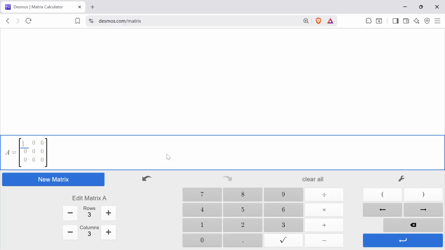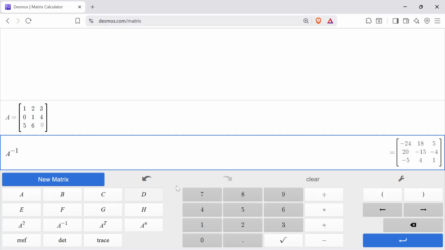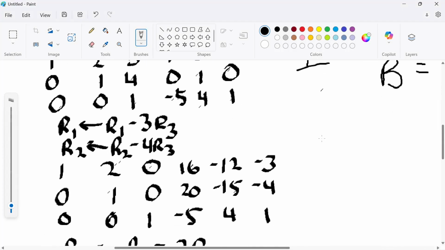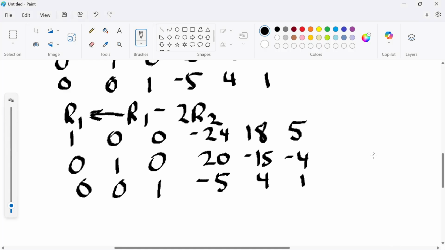On the test you can't, while doing homework you can. Then I want to do inverse A, and it's negative 24, 18, 5, 20, negative 15, negative 4, negative 5, 4, 1. So I indeed did find it right.